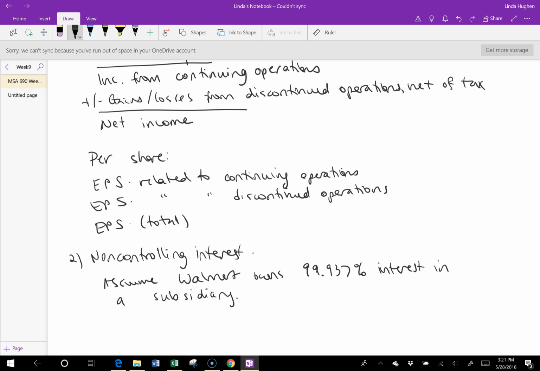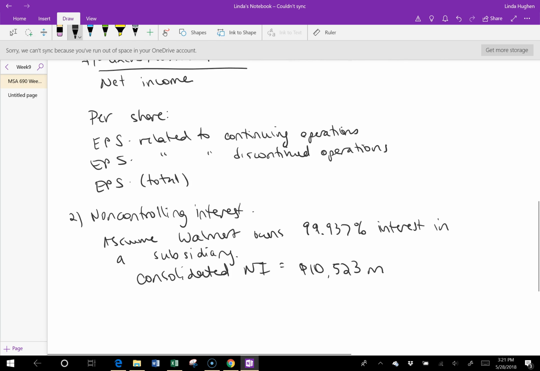Consolidated net income for the most recent year for Walmart was $10,523 million. So $10,523,000,000. So what portion of this is attributable to Walmart?